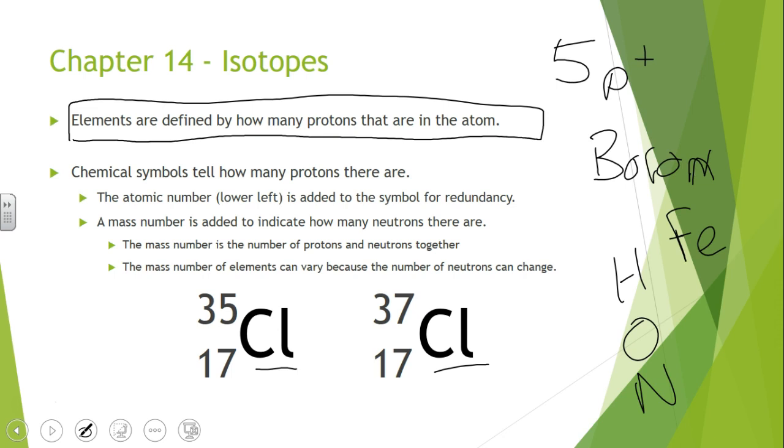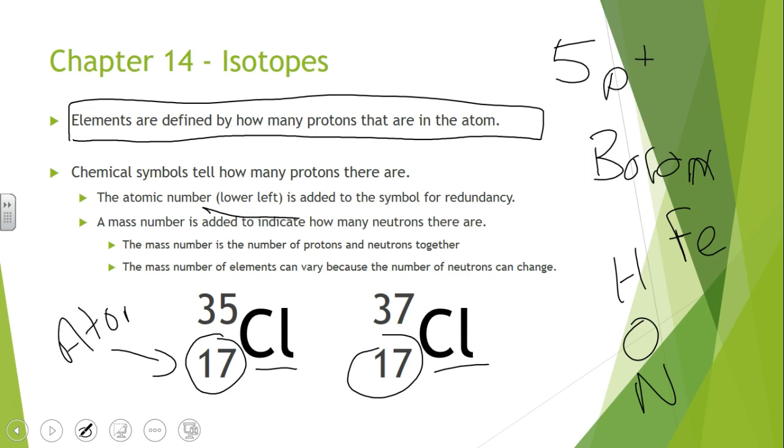Down here in the lower left-hand corner is the atomic number. So we kind of repeat this here. This here is the atomic number, which again, if that's the atomic number, then that's the number of protons.